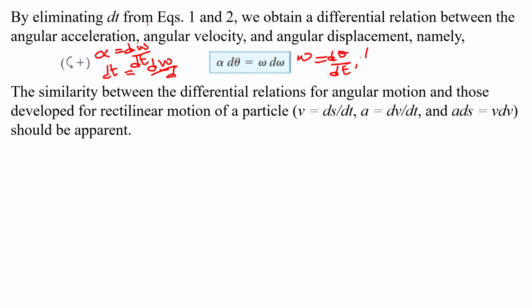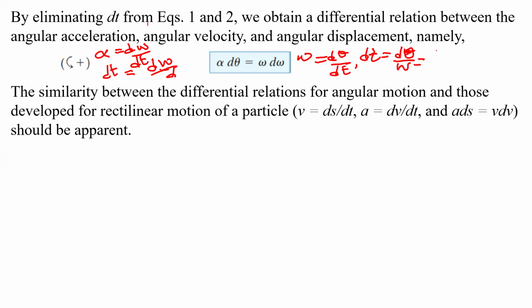Then we can now say dt is equal to d theta over omega. So we have dt here to be d omega over alpha, and then we have dt here to be d theta over omega. So we can equate the two.